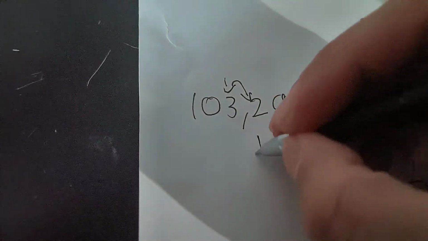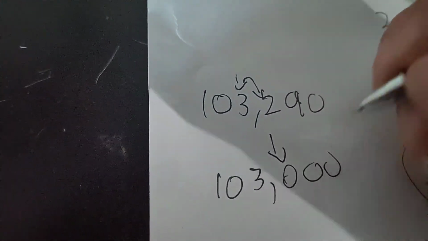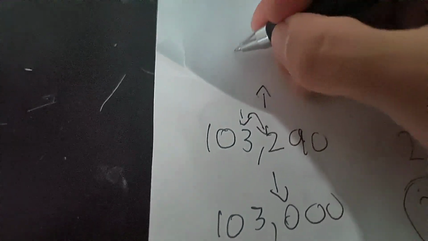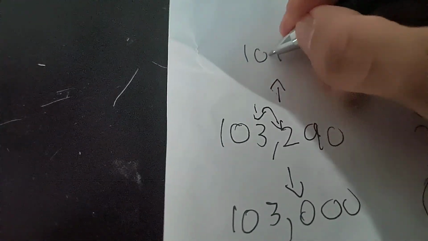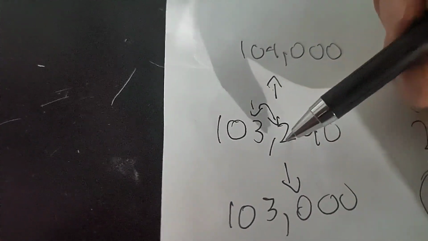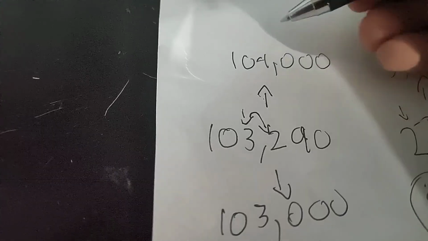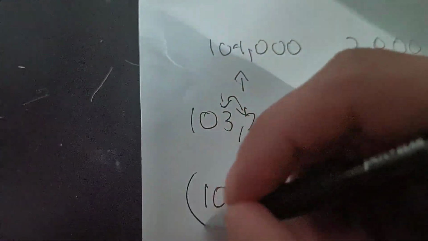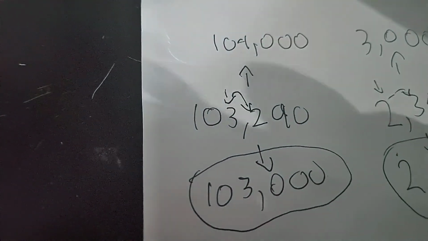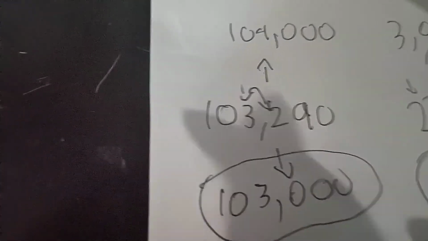Or in other words, is it closer to 103,000 or is it closer to 104,000? Well, it's 2, which means it's only 2 away from 103,000, but 8 away from 104,000. So it's closer to this one, and it's 4 or lower. 2 is less than 4, so we round to 103,000.